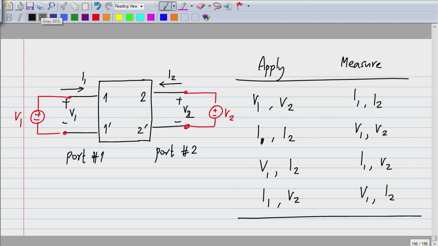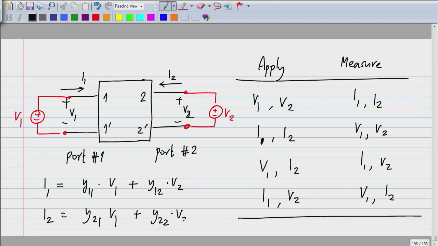Now clearly I1 can be written as some number y11 times V1 plus some other number y12 times V2, and similarly I2 can be written as some third number y21 times V1 plus a fourth number y22 times V2.